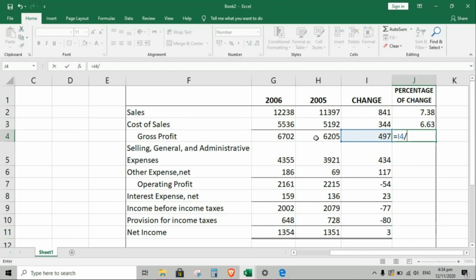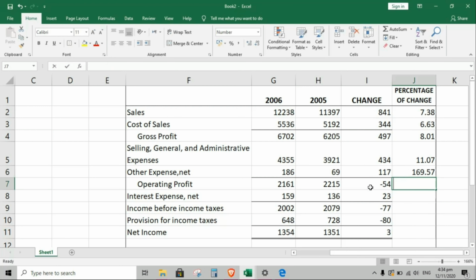Ulit-ulit lang yan siya, guys. Change divided by previous year times 100.